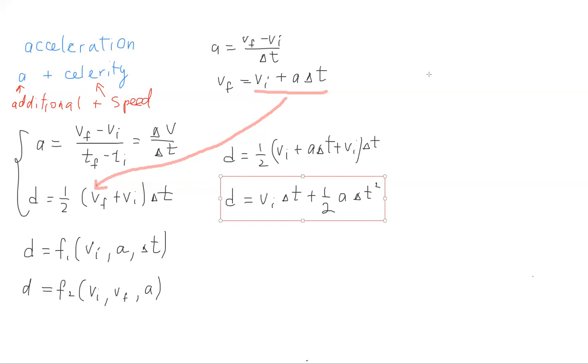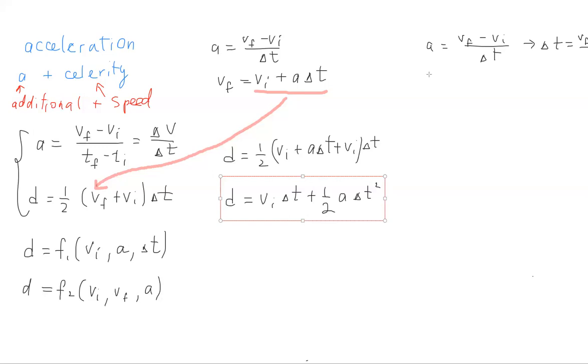In the second equation, we want to eliminate time. So then again, I'm going to write this down. Acceleration is equal to v final minus v initial over delta t. So we just swap a and delta t, and we arrive to delta t equals v final minus v initial over a.